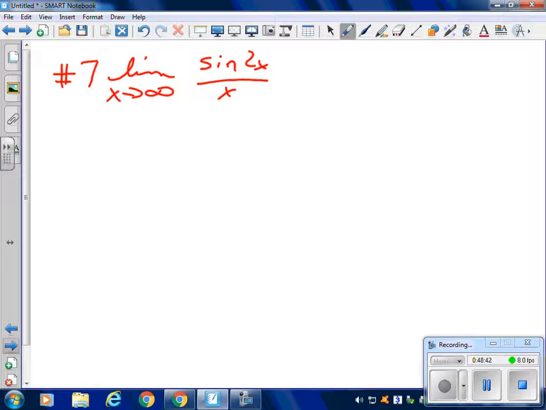So when you've got something you can't do algebra to, but you really would like to do something besides a table method, which table's a great method, but sometimes tables don't work very well, we can do what's called the squeeze theorem. I misspelled that.